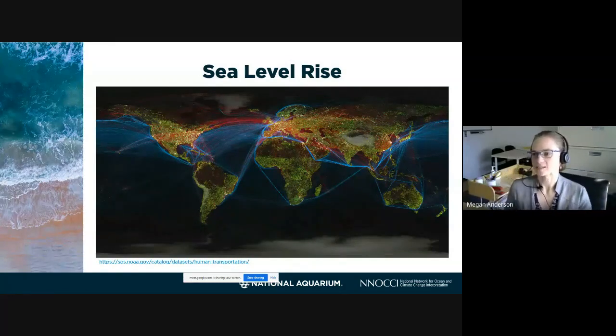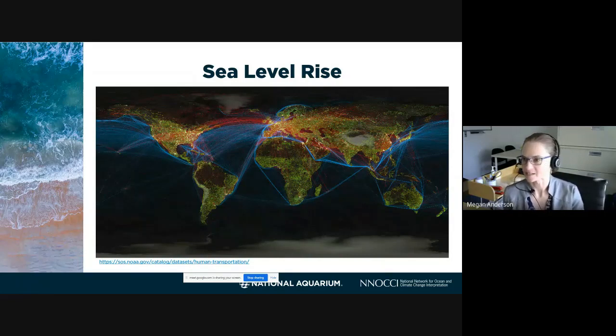But on sea level rise, one of the big things we really try to talk about is how even if you do not live on the coast or in an area impacted by rising seas, we are all impacted by sea level rise. This is a graph showing different types of transportation.